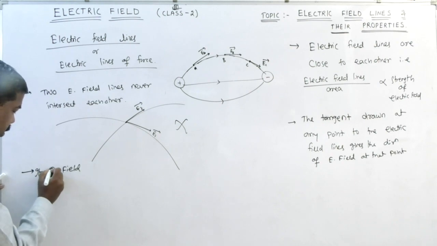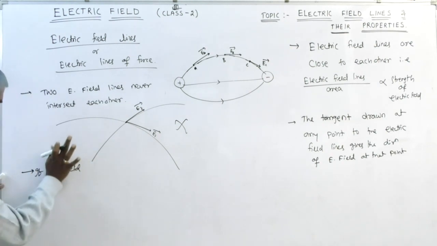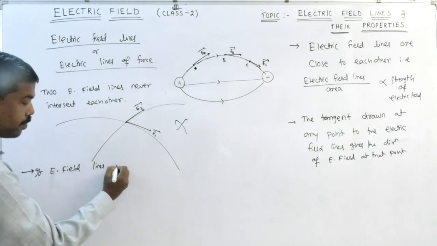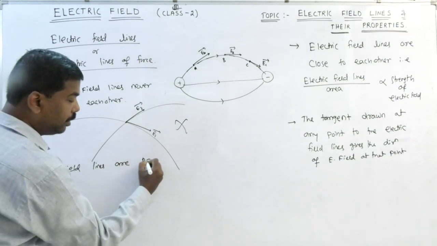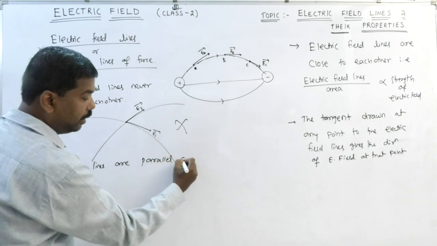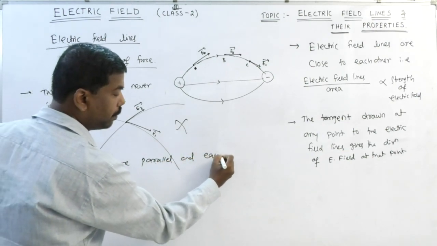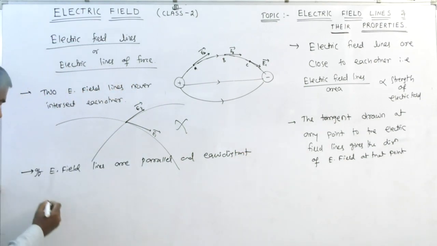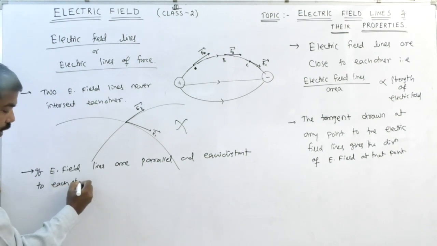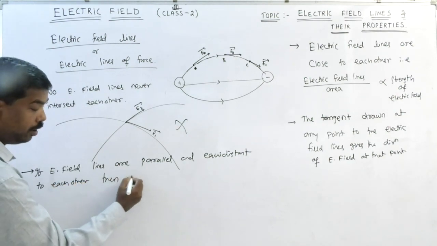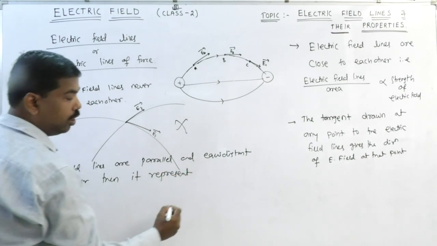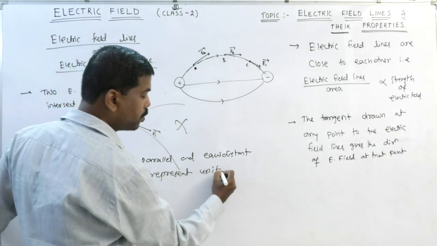If electric field lines are parallel and equidistant to each other, then it represents a uniform electric field.